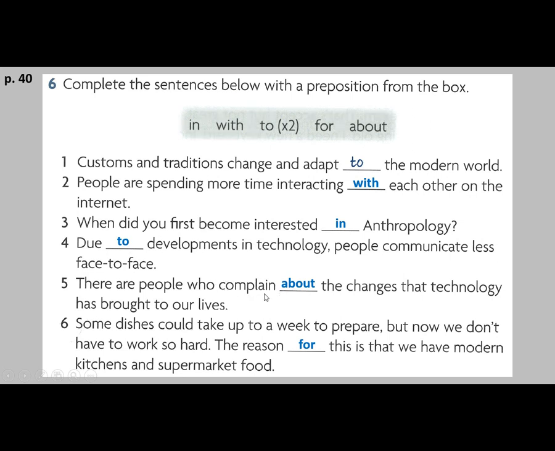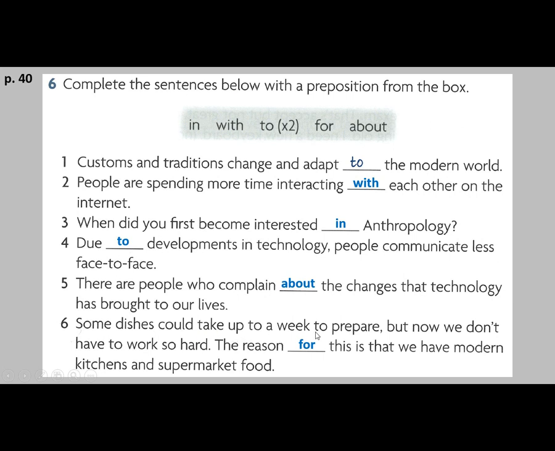Complain means when you are not happy about something, you explain your unhappiness to somebody. For example, if you don't like the rules in a place, you can complain about the rules to the manager, maybe.